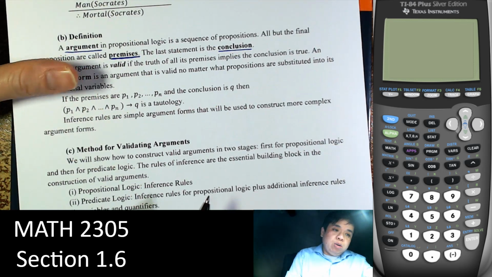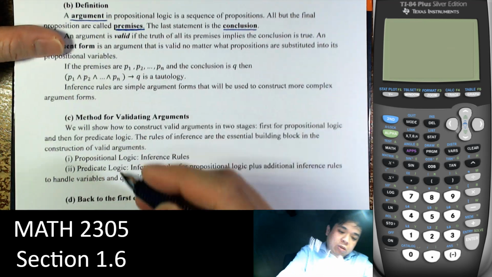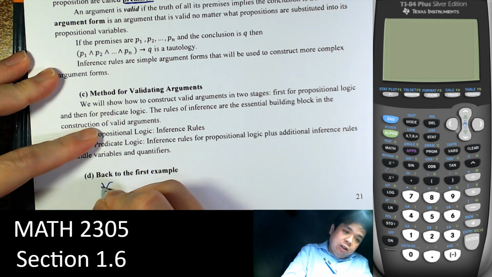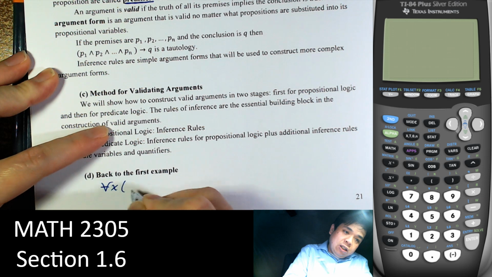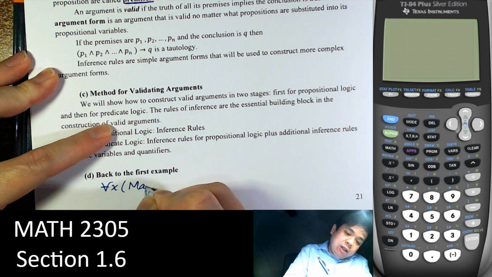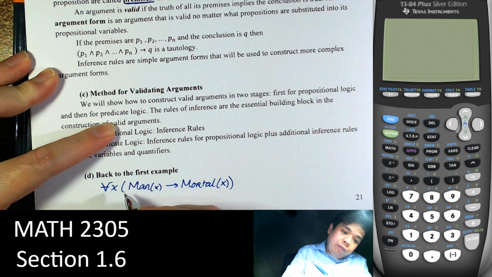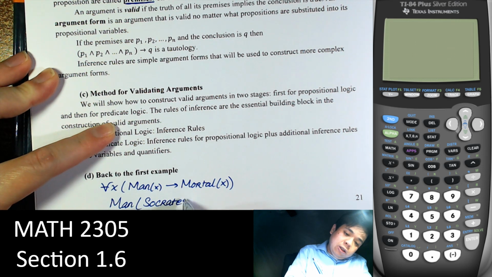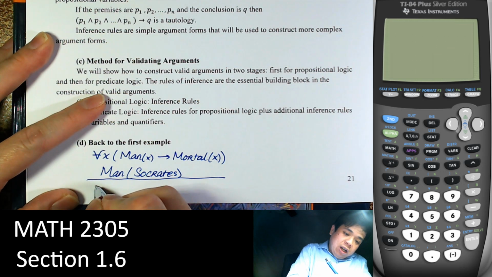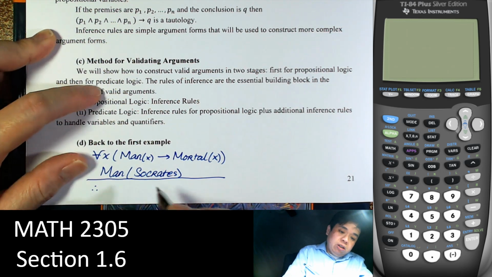Now back to the first example. I will write this again. For every x, if it's a man, then it's mortal. And it's a man. We draw a line, and then after that the three dots meaning therefore.